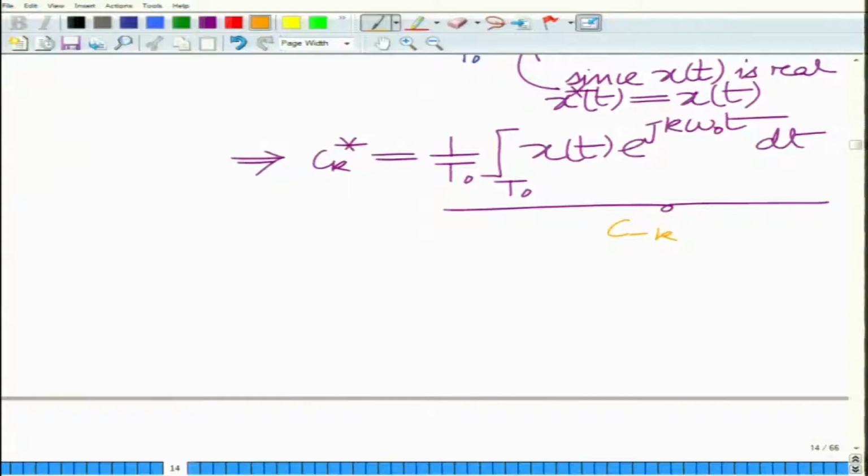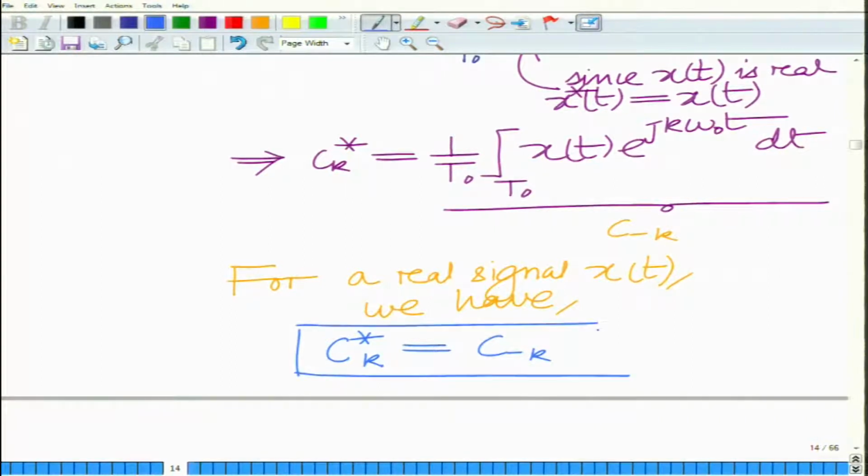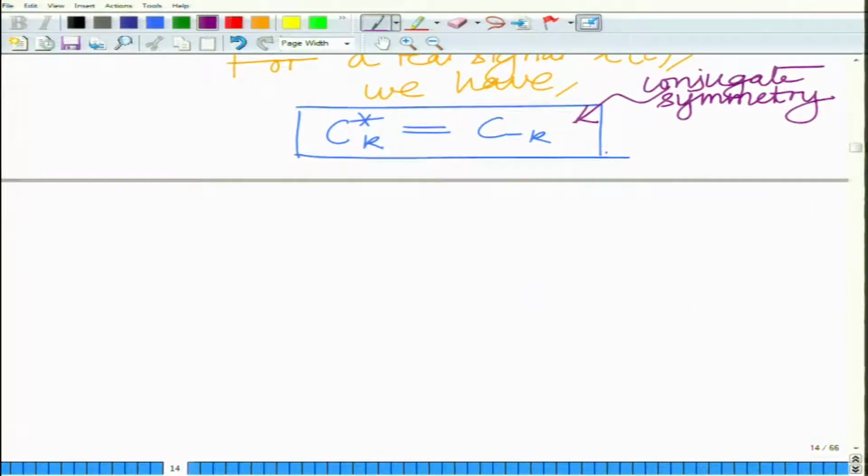And this is an important property for a real signal x t.